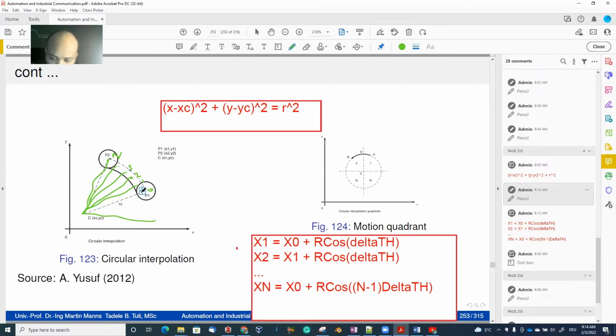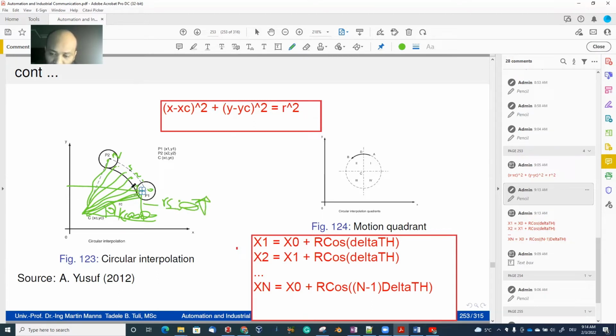So for this one, I have to decompose it into x axis and the y axis with this radius. So this is R cos theta, if I have theta here, along the x axis, and R sin theta is along the y axis.